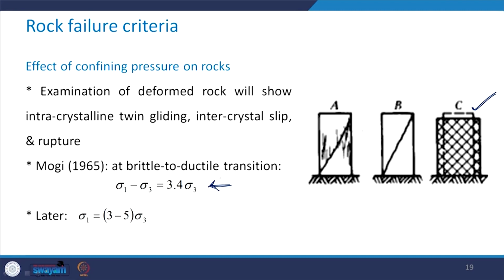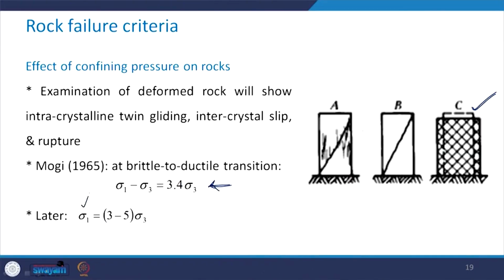Later on, when other researchers carried out research in this direction, they said that when you have sigma 1 in the range of 3 to 5 times sigma 3, then you can have the brittle to ductile transition.